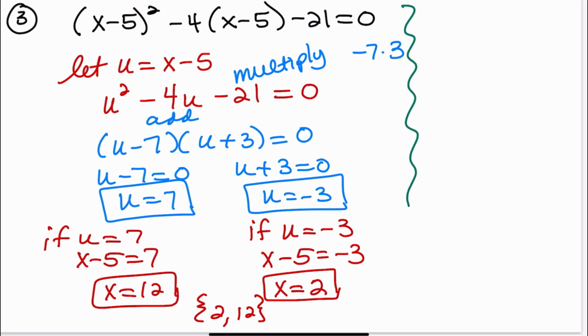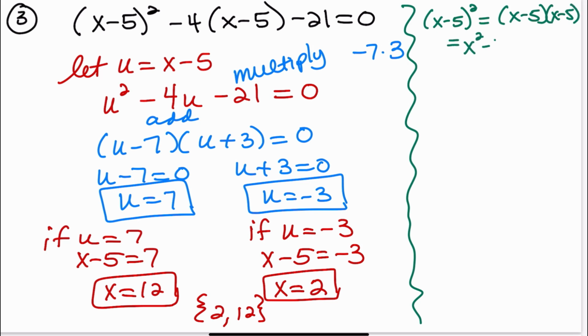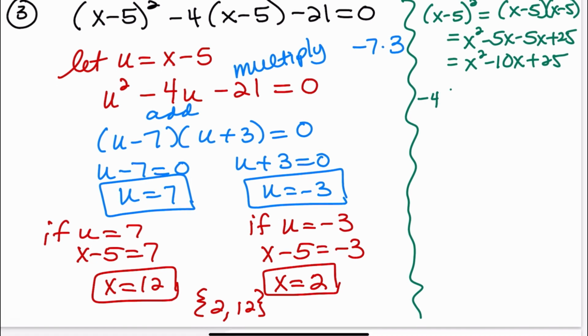Another way to do this problem is to go ahead and multiply everything out. So if I take (x minus 5) squared and I distribute, I know that this part right here is going to end up giving me x squared minus 5x minus 5x plus 25, which is x squared minus 10x plus 25. If I take the middle part, negative 4 times (x minus 5), and I distribute, I get negative 4x plus 20.